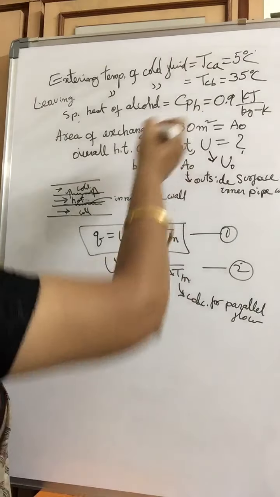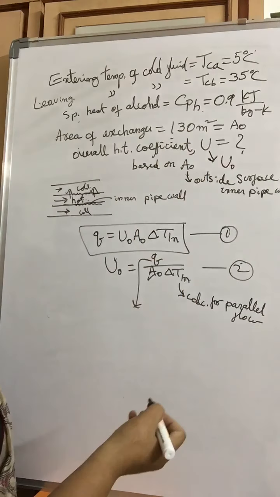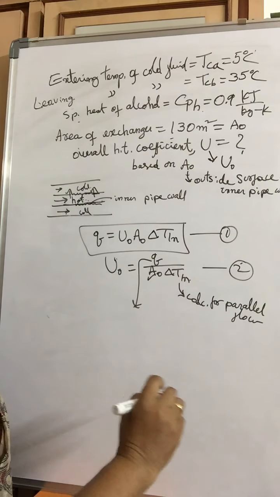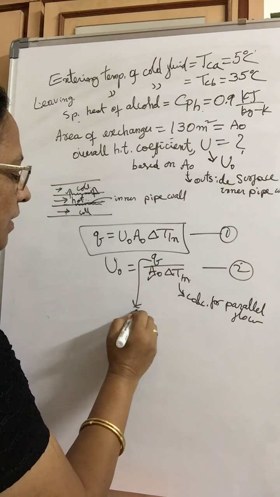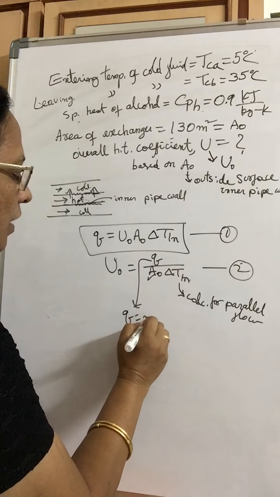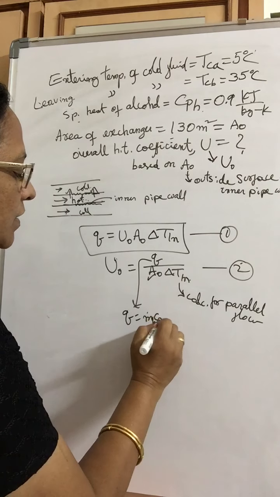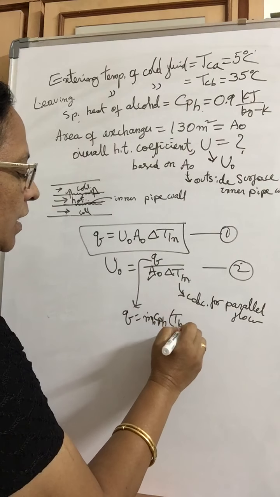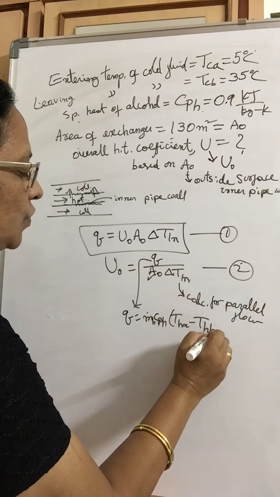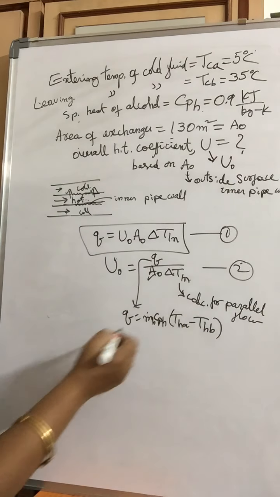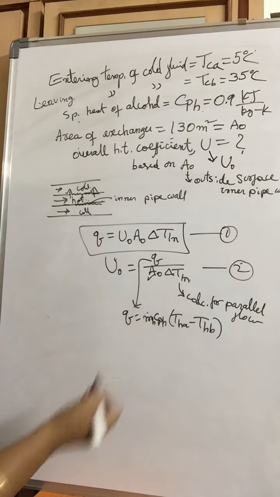For example, in this problem, alcohol is the hot fluid. Alcohol information is completely given. That means Q equal to m dot H CPH into THA minus THB. This equation you can use. Q can be calculated like this.